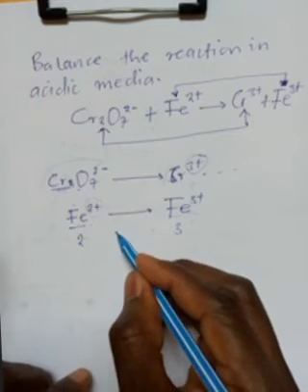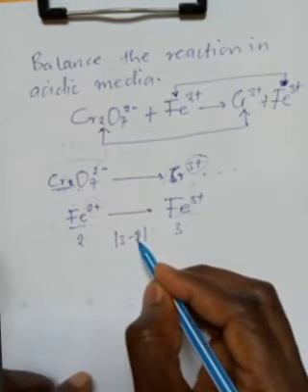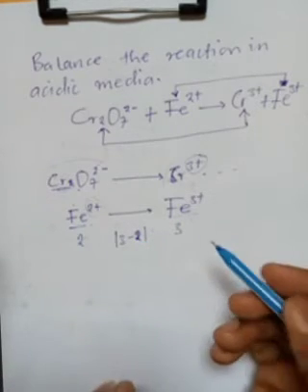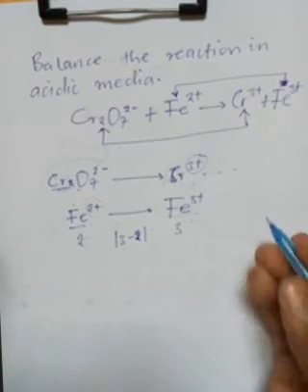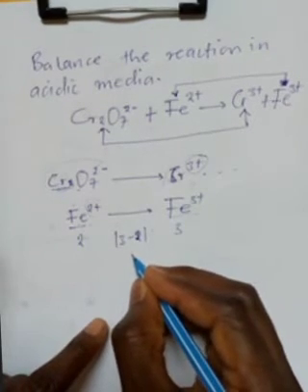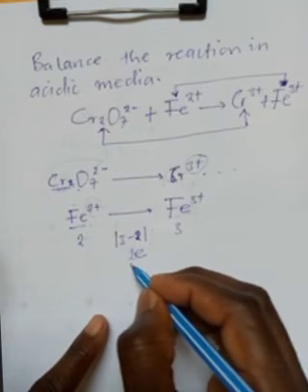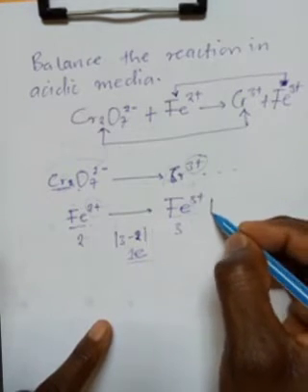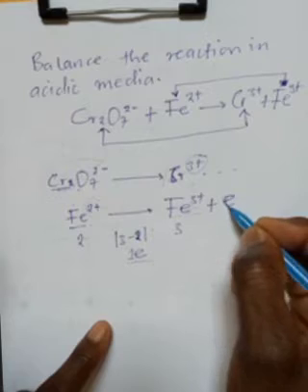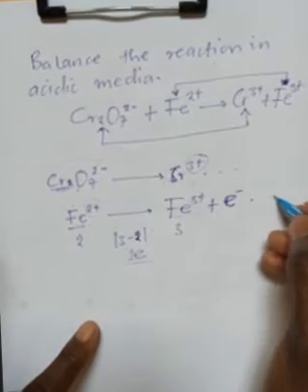If you find the difference between these two, 3 minus 2, you find how many electrons were lost. It is going to give you only 1 electron. So you add this number of electrons to the side that is having more charges. That becomes the first half reaction.